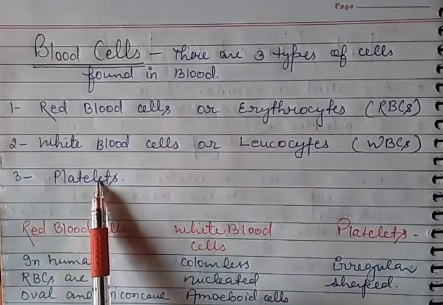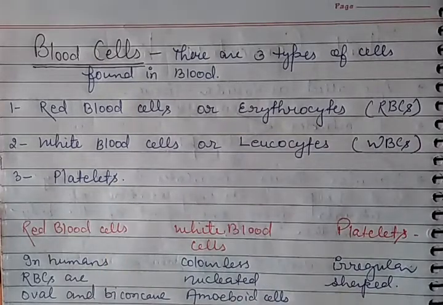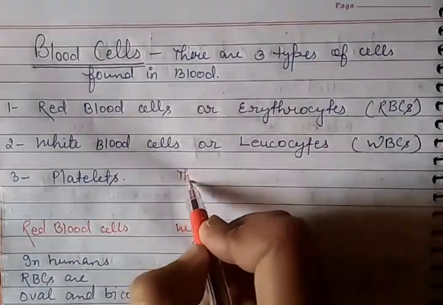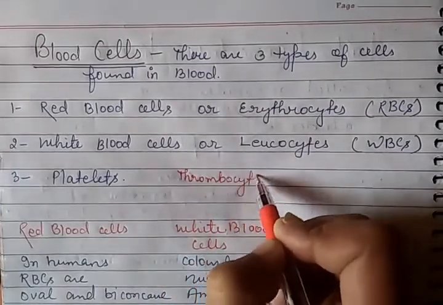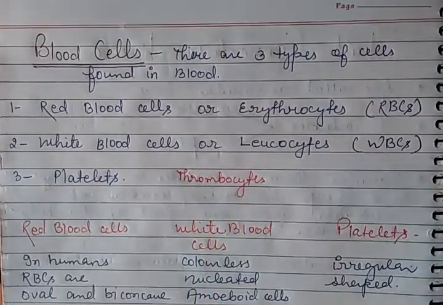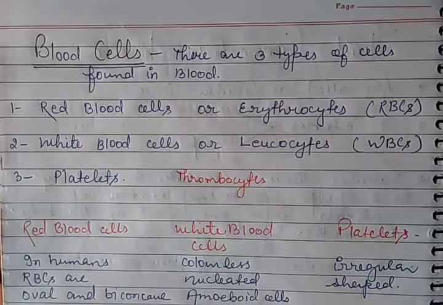And third one is platelets, which are also called thrombocytes. So there are three kinds of blood cells or blood corpuscles found in the blood.